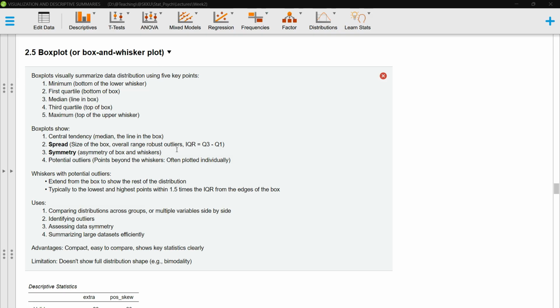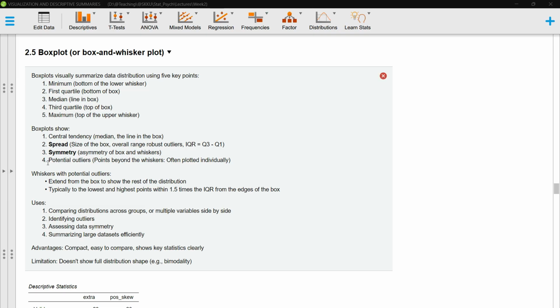So that means the spread is robust to the outliers. And it also shows us the symmetry of the distribution, because the box can be asymmetrical, or the whiskers can be asymmetrical, and that represents the unbalancedness or non-symmetry of the distribution.